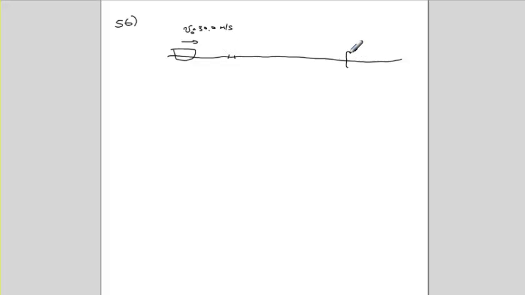So here's the buoy. And we'll say X is 0 right here, and then we go to here, which is 100 meters. So this is 100 meters. So this would be X. X0 would be 0 meters, and X would be equal to 100 meters.